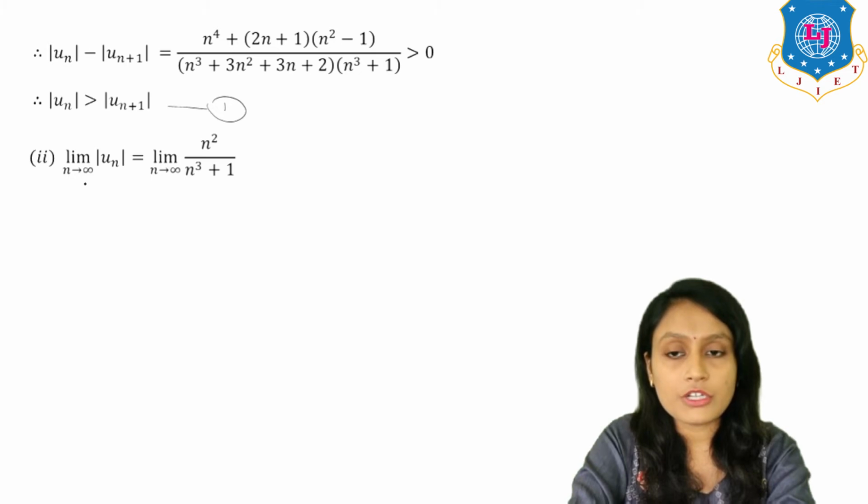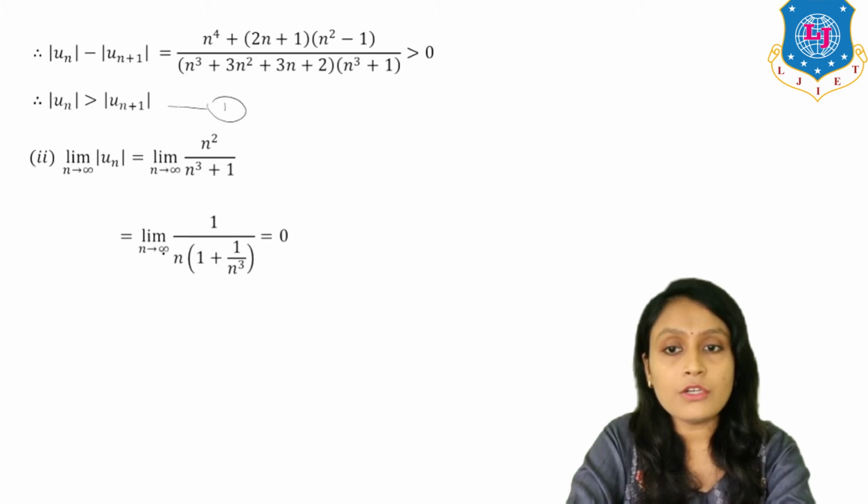Now the second condition, that is the limit as n tends to infinity of |un|. Just substitute. Again we have to take n³ common from the denominator, and n² will get cancelled. What remains is this, and we know the limit as n tends to infinity of 1/n is equal to 0. So here we have the answer 0.